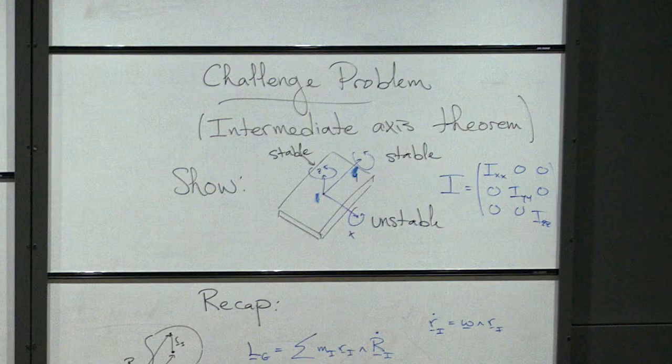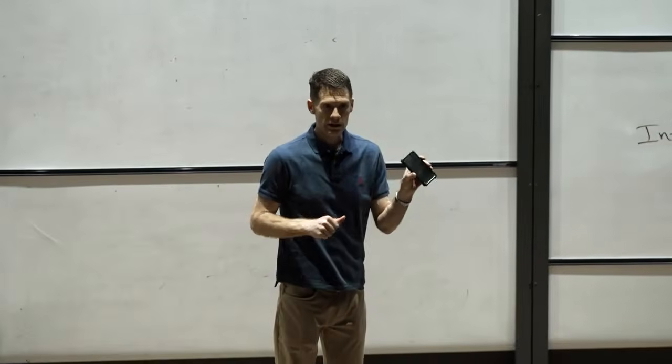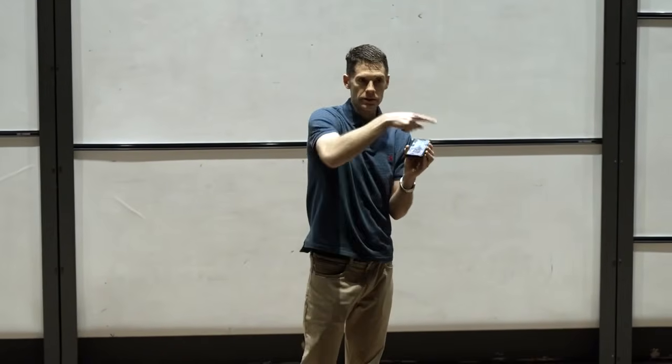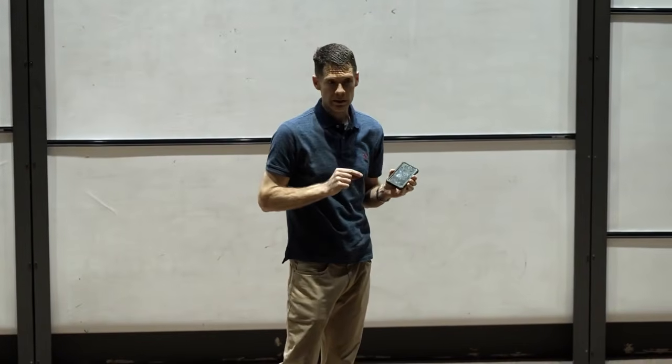The challenge problem I've put up there is called the intermediate axis theorem. And the idea, actually it's an experiment you can do with your phone. So a phone has sort of 3 key axes, and they're all different lengths. So the 3 diagonal elements of the inertia tensor, if I orient those 3 axes on the main axes of the phone, are all going to have different elements.